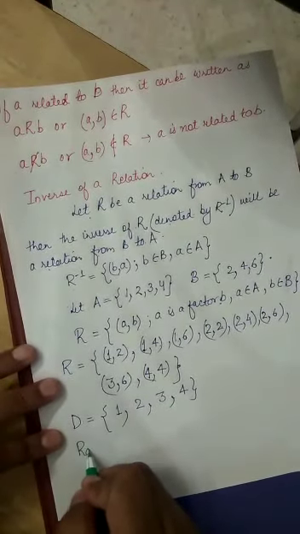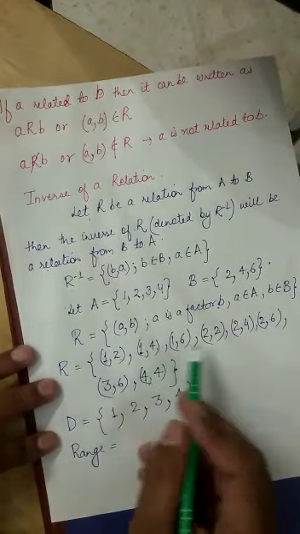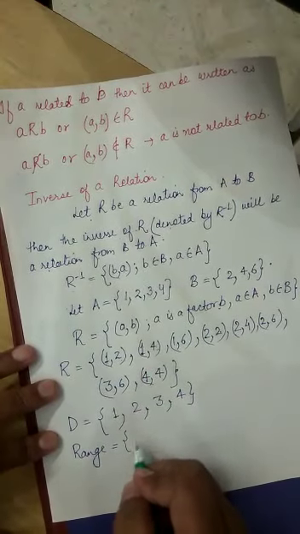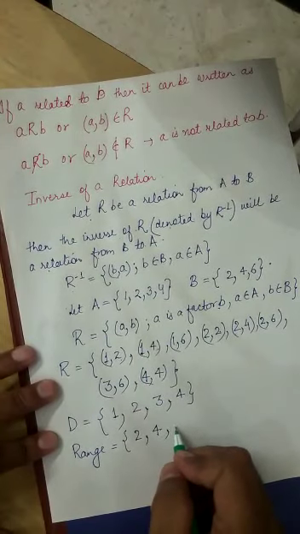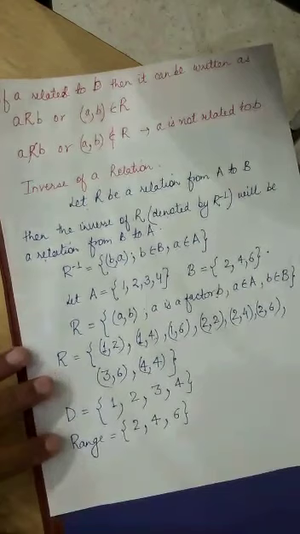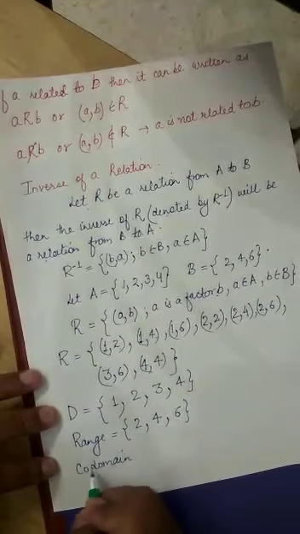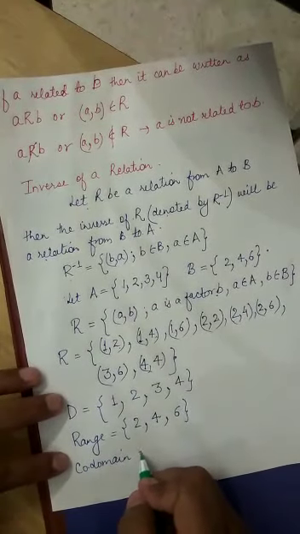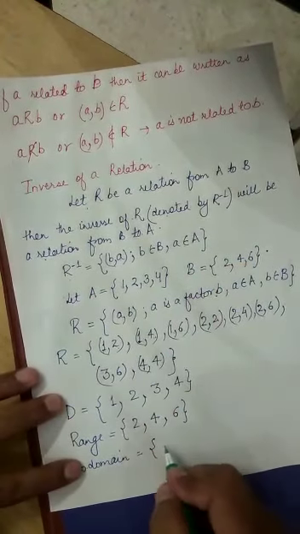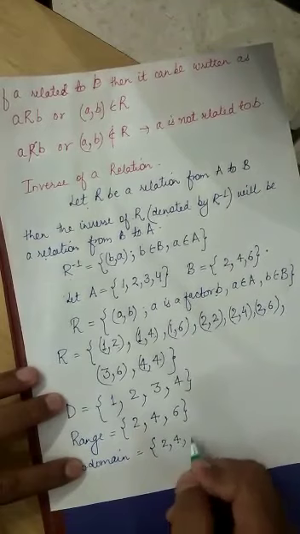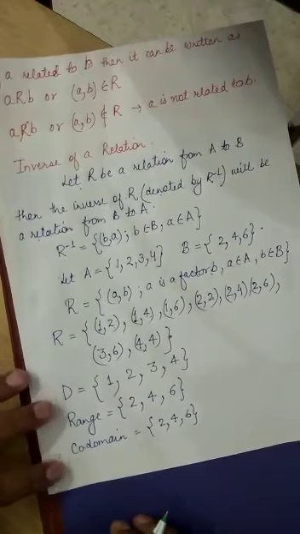Then range, the second elements of all the ordered pairs, meaning 2, 4 and 6. This is the range. Codomain is the set B. So here range is equal to codomain, but this will not be the case in all questions. Here codomain and range are the same.